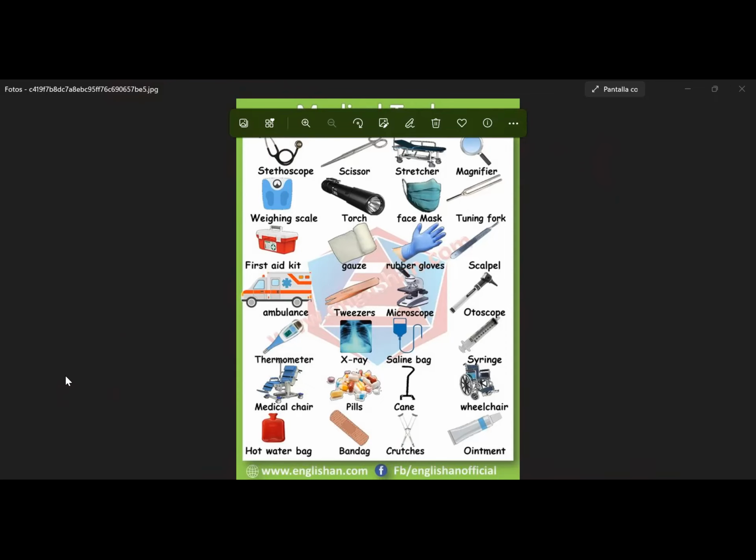To administer serum, suero, or to administer saline solution. Okay. Creo que también funciona como sustituto de la sangre.